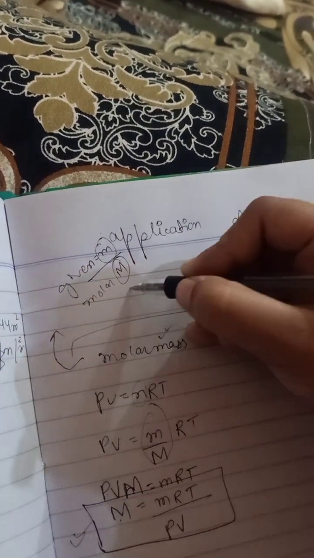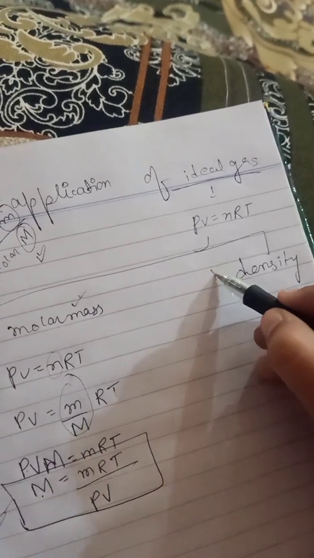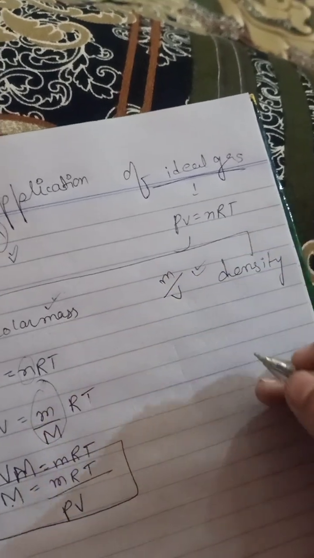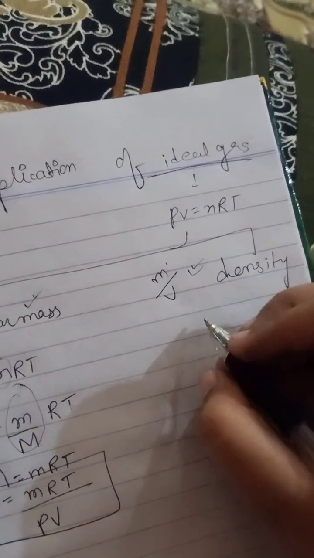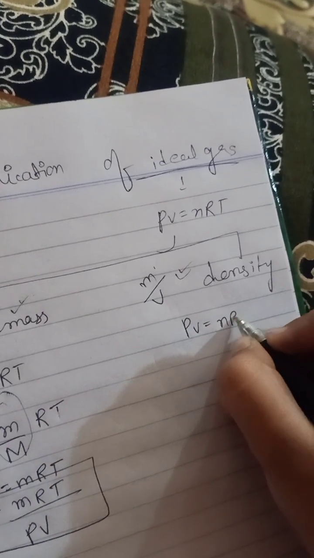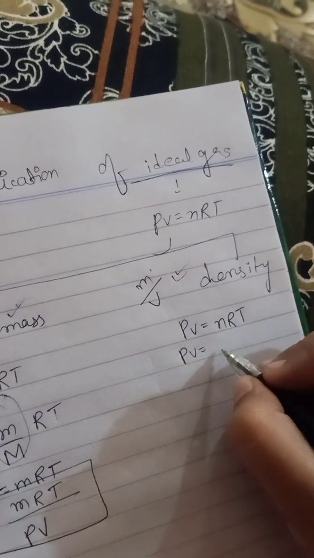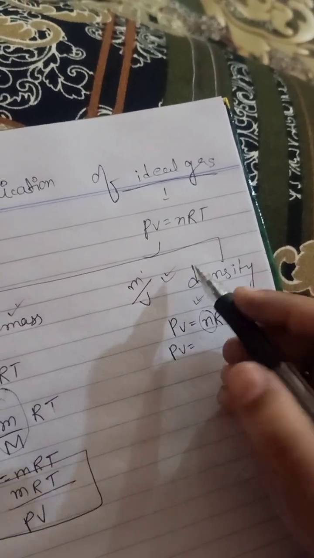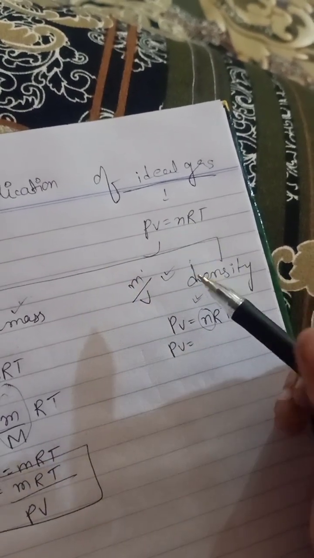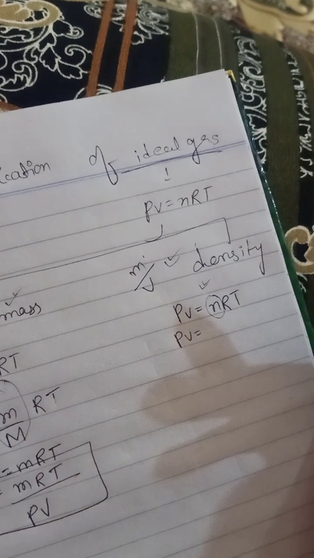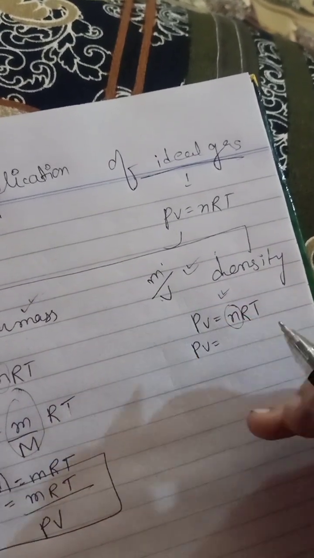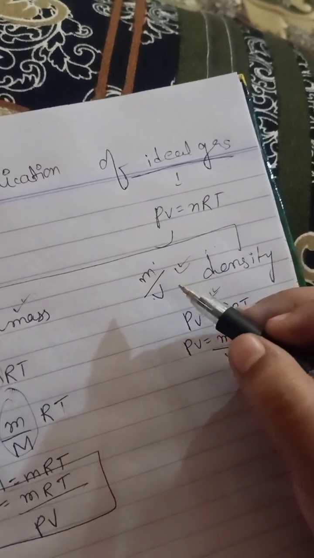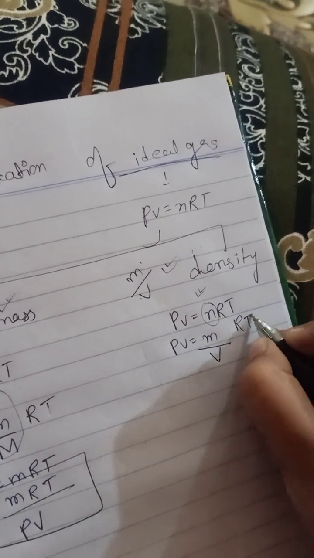That's why we have put m upon M. Now we want the density, and density is equal to mass per volume, m upon V. We have the equation PV is equal to nRT, but here, instead of the number of moles, we are finding the density of the ideal gas, that is, the application of the ideal gas on the basis of the calculation of the density. So we write m upon V, because the formula of density is mass per volume.